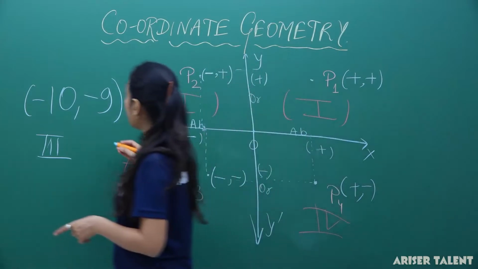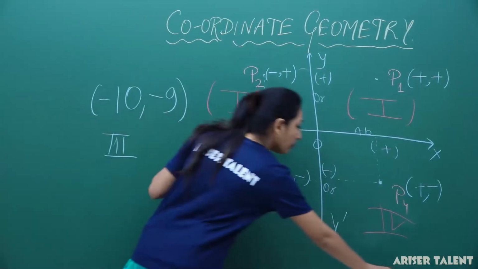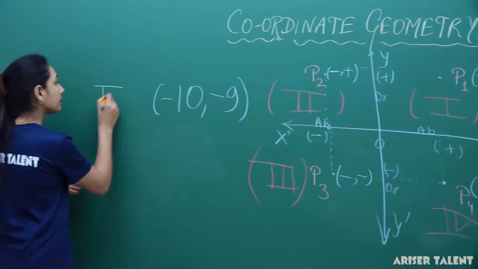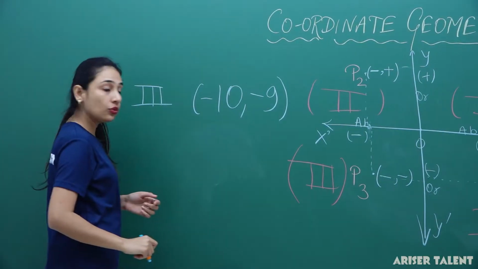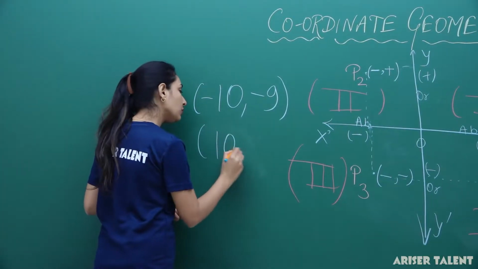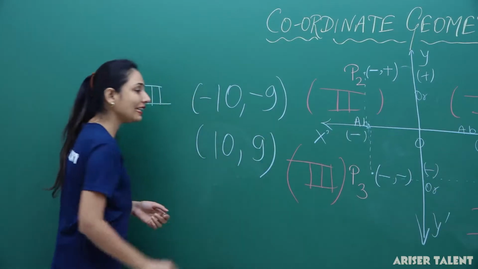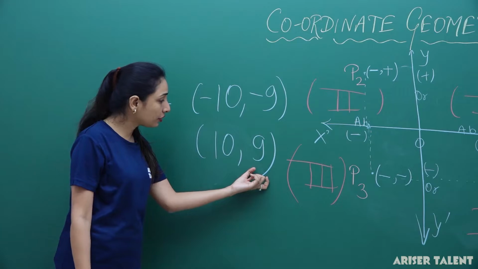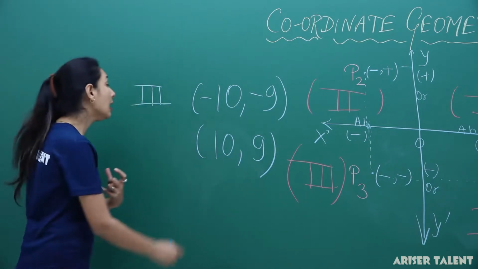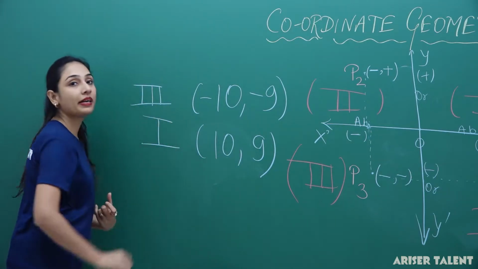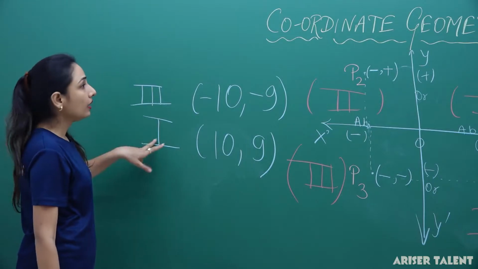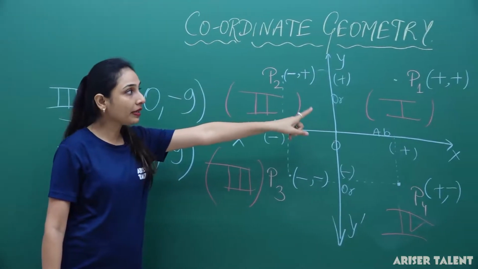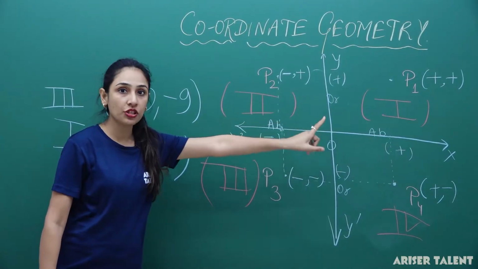Okay. Now, if I remove these positives here, tell me what compartment it is. Positive abscissa, positive ordinate, that means this is lying in the first compartment. Okay. Look here, first compartment, positive abscissa, positive ordinate.